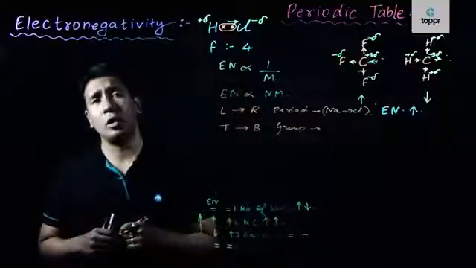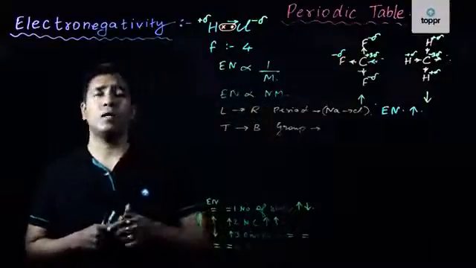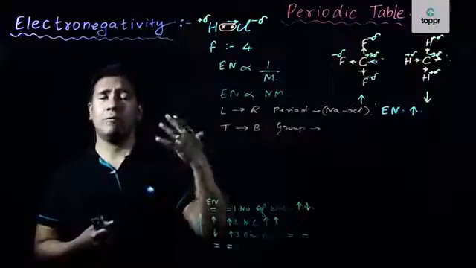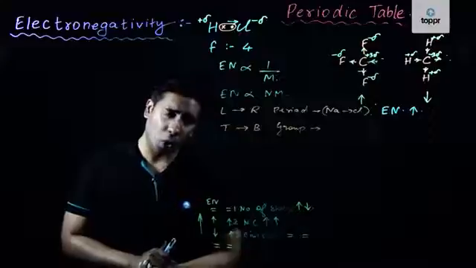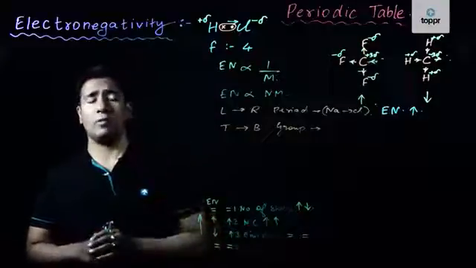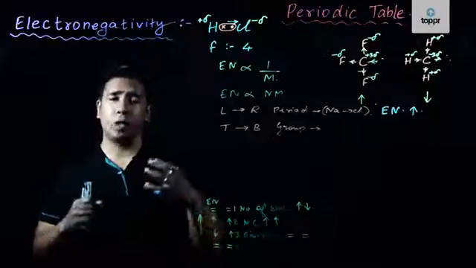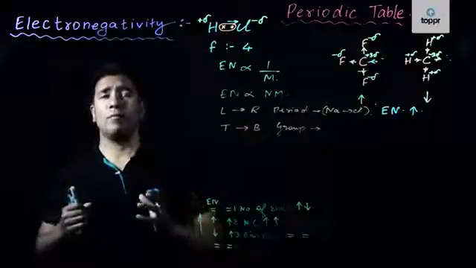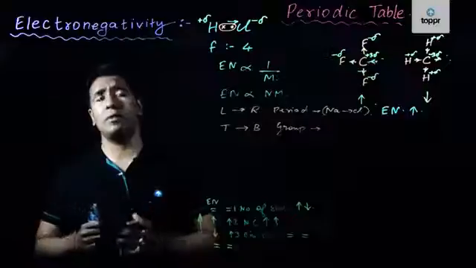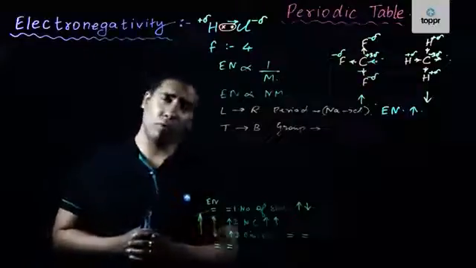The one thing, my dear friends, that you need to realize is that if we have 7 electrons in the case of, say, chlorine, and we also have 7 electrons in the valence shell of fluorine, because the size of the shell of chlorine is greater, the repulsion between the electrons will be lesser in the case of chlorine.